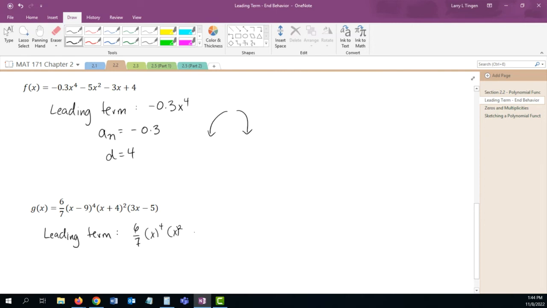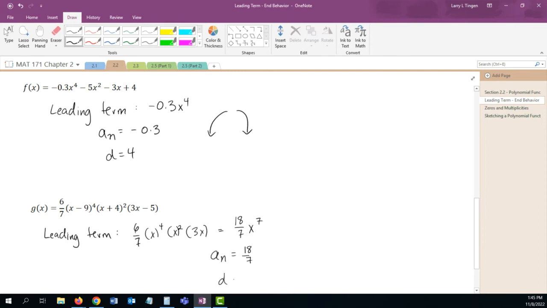And then 3x minus 5, 3x. Multiply it all together. 6/7 times 3 is 18/7. x to the 4th times x squared is x to the 6th. x to the 6th times x is x to the 7th.